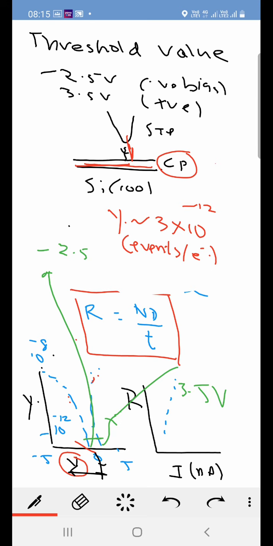Now, as we have seen that the desorption is induced by the STM tip, the desorption can also be induced by electric field. So this is what we have seen.